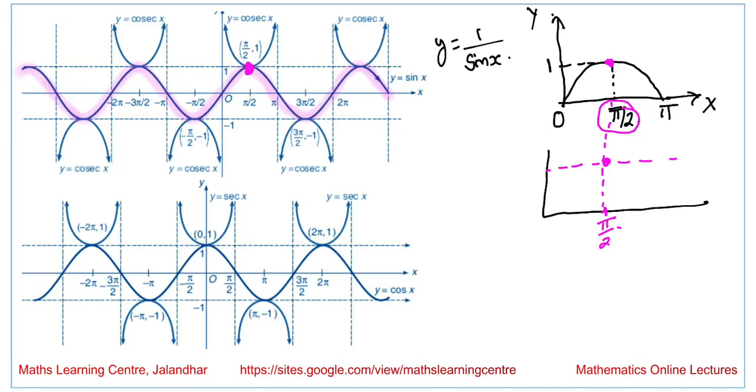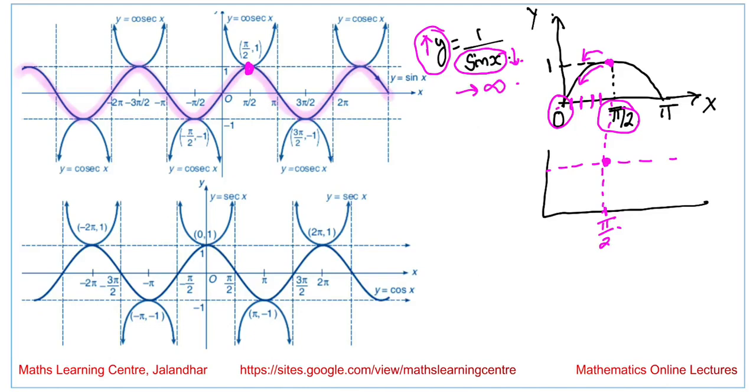Suppose I am moving towards the left hand side. As the value of the angle is decreasing, in case of sine, the value of the function is decreasing. So in 1 over sine x, this denominator is decreasing, so the value of y will be increasing, and as the angle approaches 0, this value will approach infinity.